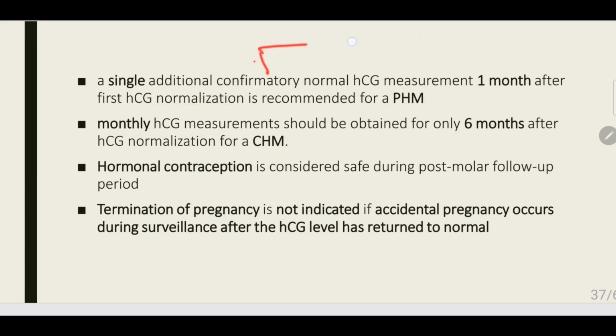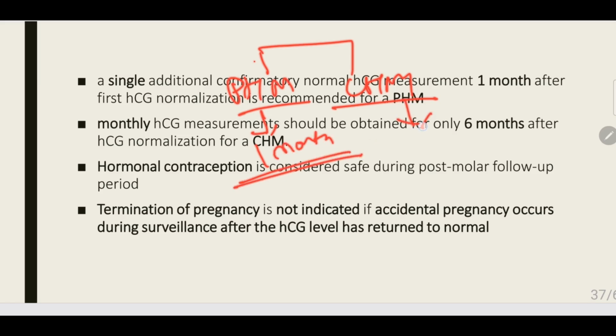So you will check whether it is partial or complete hydatidiform mole. After normalization of beta hCG in a partial mole, do one repeat beta hCG after 1 month. Whereas in complete hydatidiform mole, you have to repeat beta hCG monthly for 6 months. This is the updated guideline.